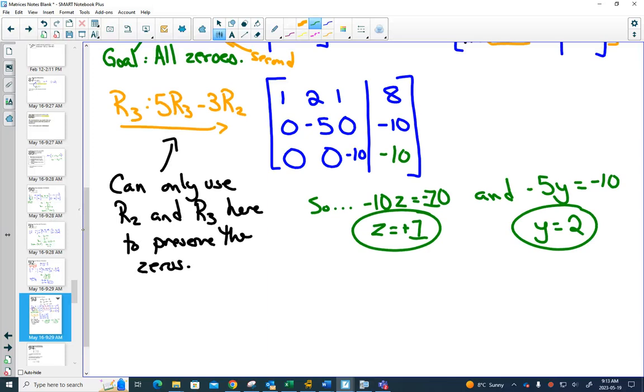And once you've got Z, once you get Z, you'd usually have to plug it into the second equation, because there would be a Z in there. This one, we're lucky there's another 0. That made solving for Y easier. But now that we have Z and we have Y, we can go to our first equation, which says X plus 2 times Y plus 1 times Z is equal to 8.